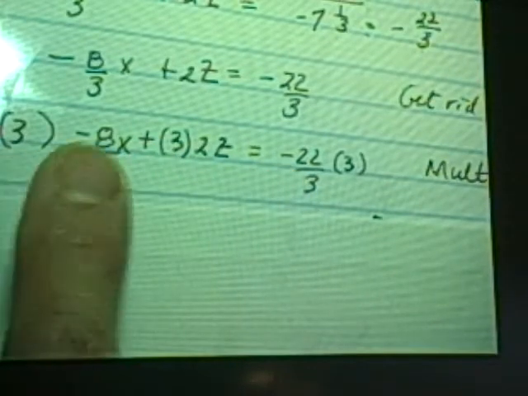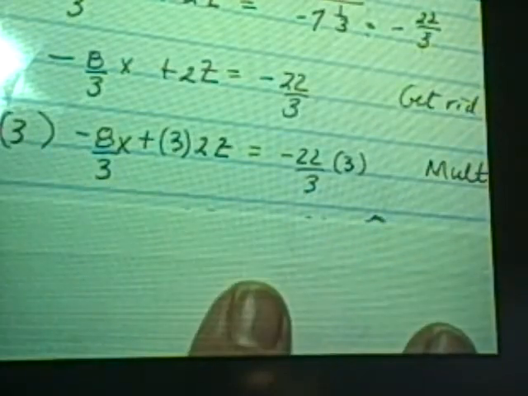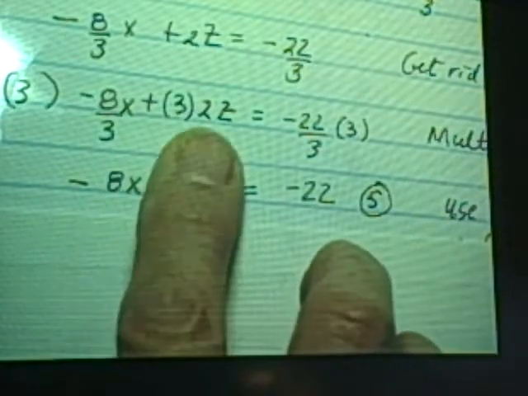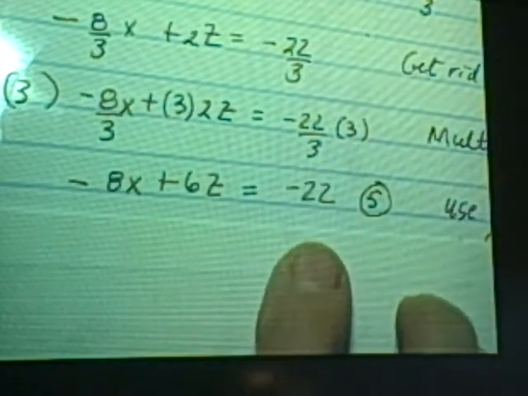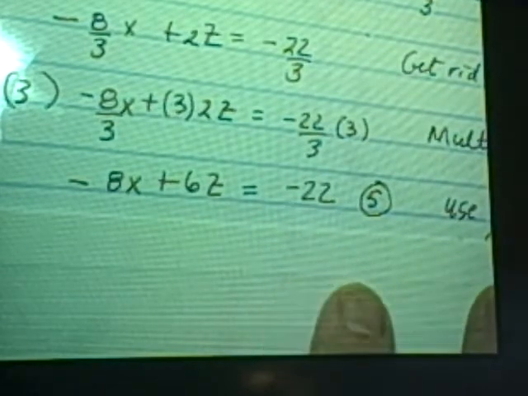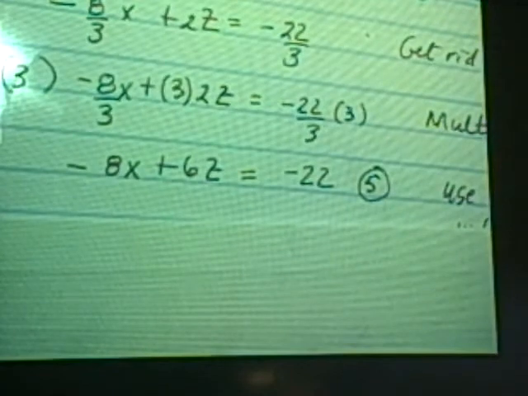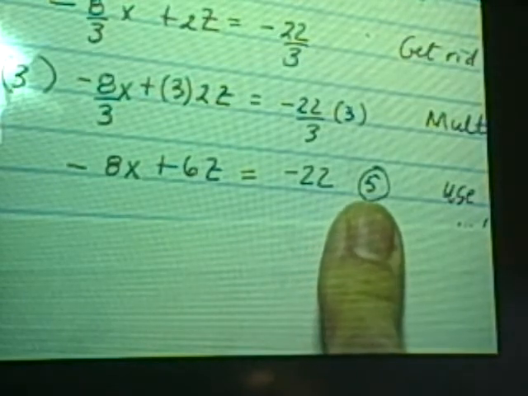So I have 3 times negative 8/3, and I know that my 3's will cancel out. So I'm left with 8z. 3 times 2z is 6z, and my 3's cancel out here, and I have a negative 22. And I now have an equation with no fractions in it, which would make it a little bit easier for me to work with. And I've labeled this one equation number 5.